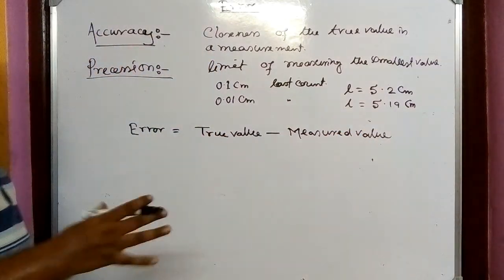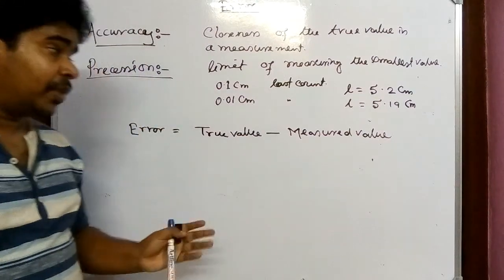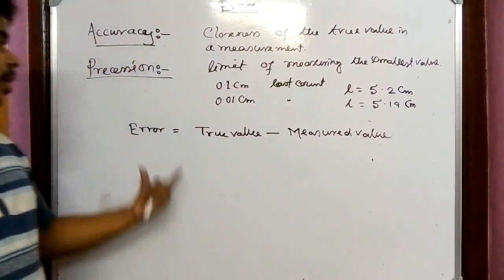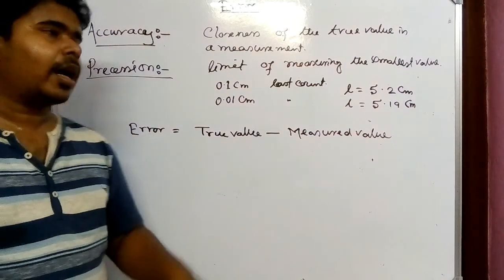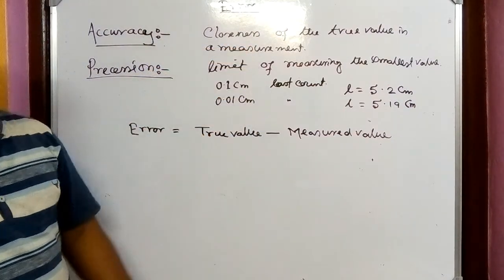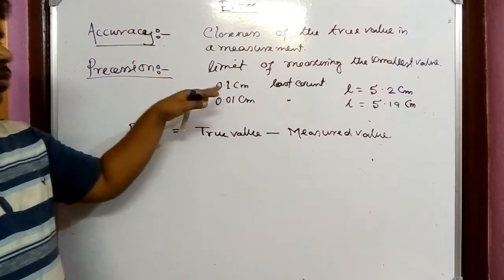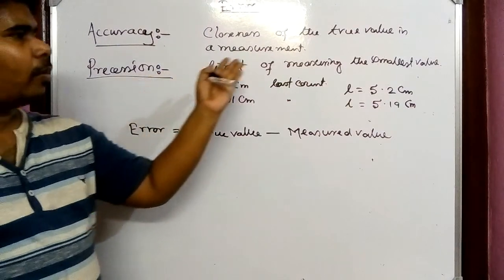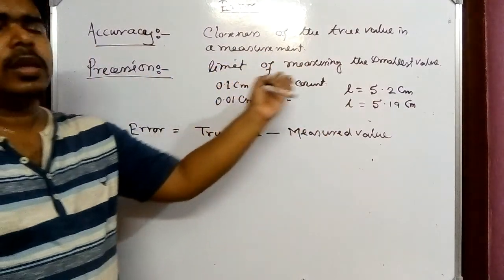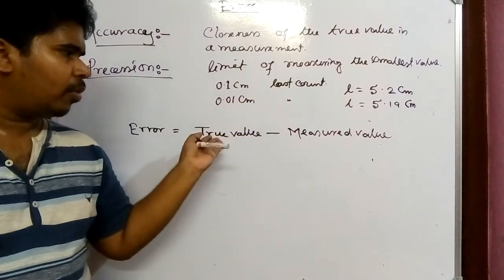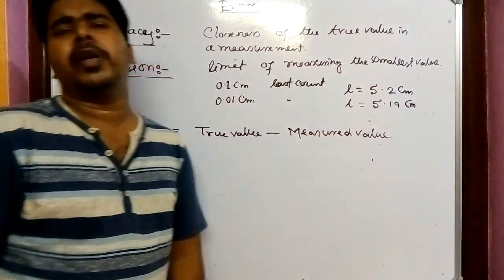What is the exact value of a measurement compared to the measured value, whatever we have measured, this difference is the error, and our target is to reduce this, and then the value will be more accurate. One step to reduce this is to get an instrument whose limit of measuring the smallest value, that is the least count, is smaller. The smaller the value, the more accurate the measurement.